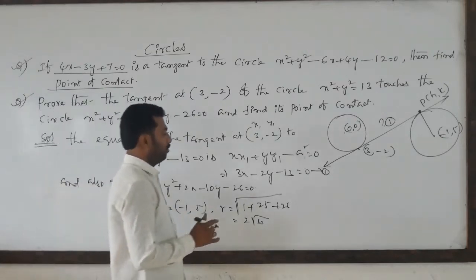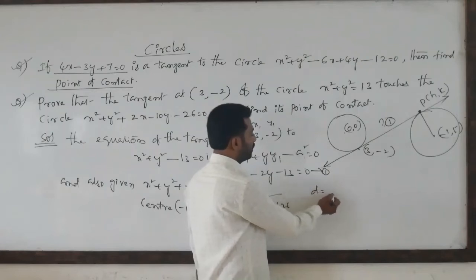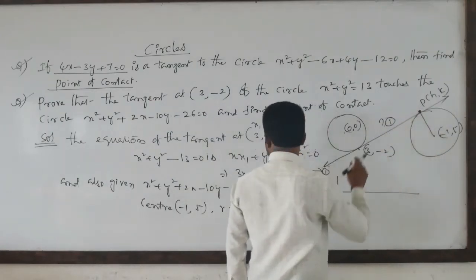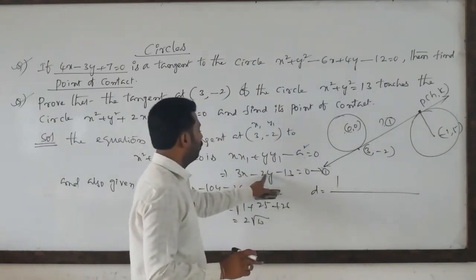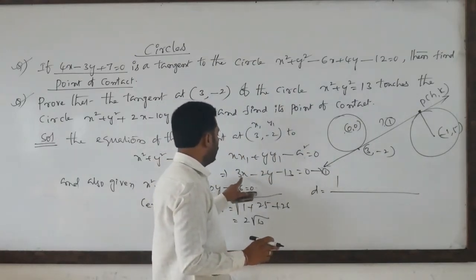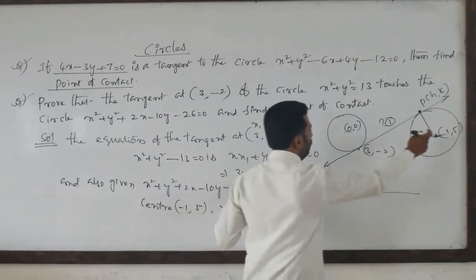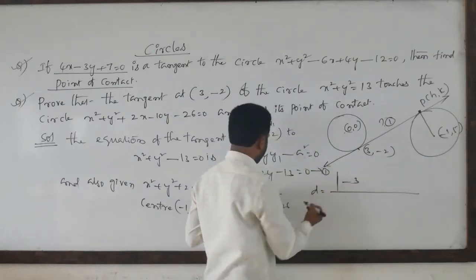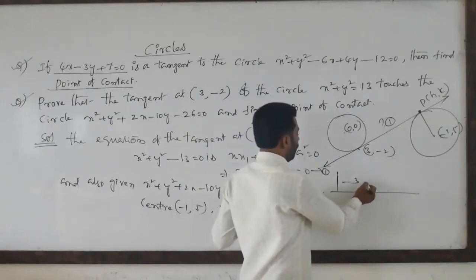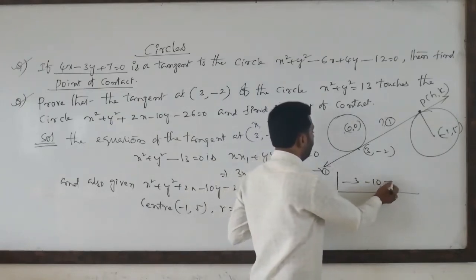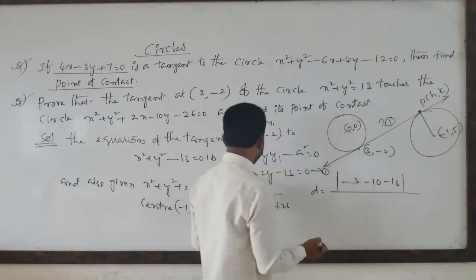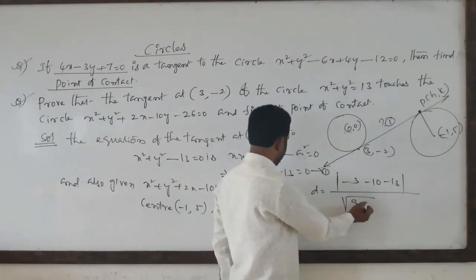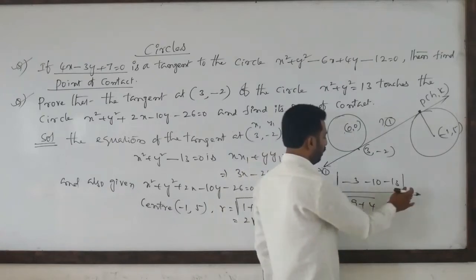Perpendicular distance we have to calculate. Perpendicular distance, what is the formula? From this center to this line. What is this line? 3x minus 2y minus 13 equal to 0. 3 into x, x means here minus 1, nothing but minus 3, minus 10, minus 13, divided by square root of 9 plus 4, that is 13.